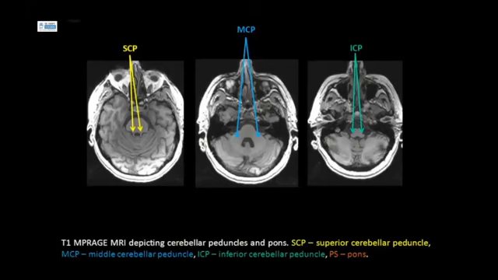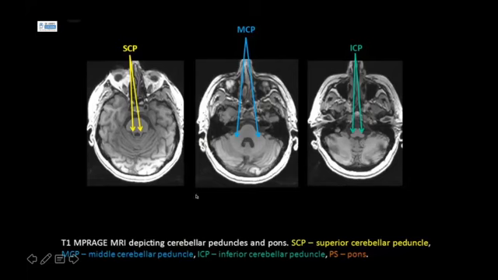We'd previously mentioned that the midbrain connects to the thalami anteriorly, but posteriorly we have three connections of the brainstem to the cerebellum. So we have the superior cerebellar peduncles, the middle cerebellar peduncles, and the inferior cerebellar peduncles.